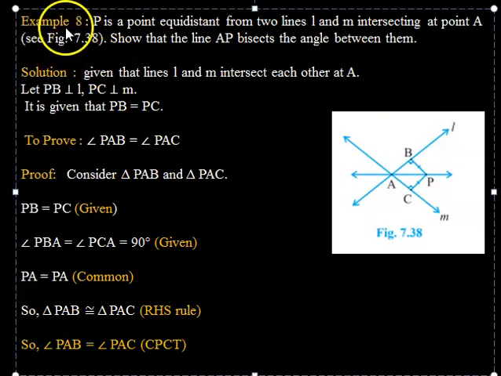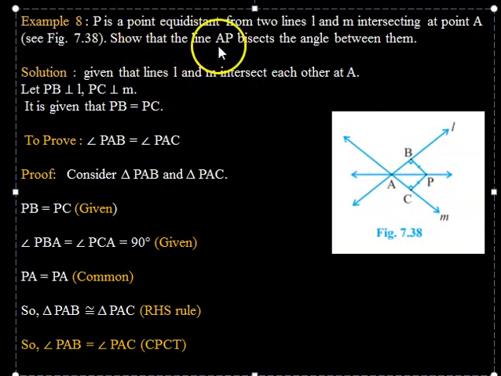Coming to example 8. P is a point equidistant from two lines L and M. Can you see two lines L and M? These two lines intersect at the point A. P is equidistant from them, which means PB will be equal to PC.